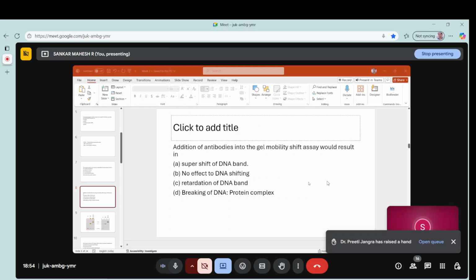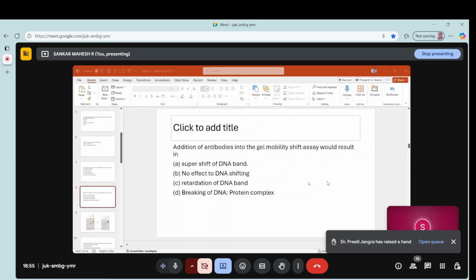But what is the goal of gel mobility shift assay? We check on the gel the size. So if the size is larger after addition of antibodies, so No, no, leave the antibody. Take the antibody out of the picture here.